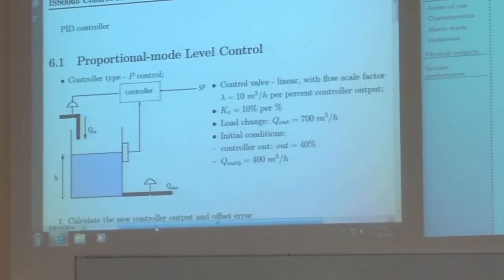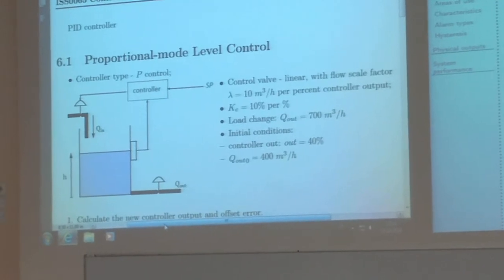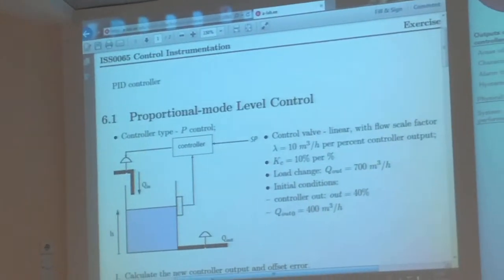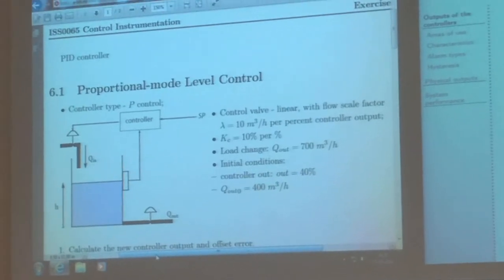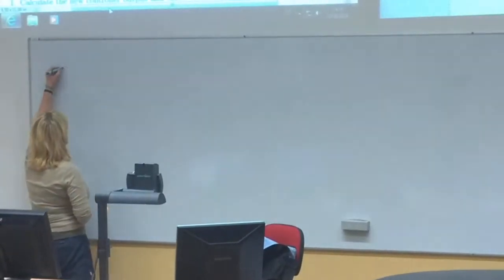So first of all, let's take a look at our system and consider what we should have. Basically, we should have that output equals 700 cubic meters per hour.